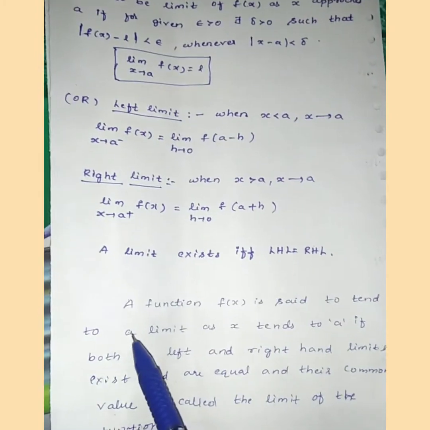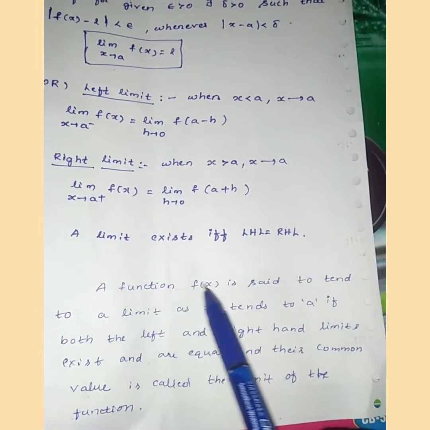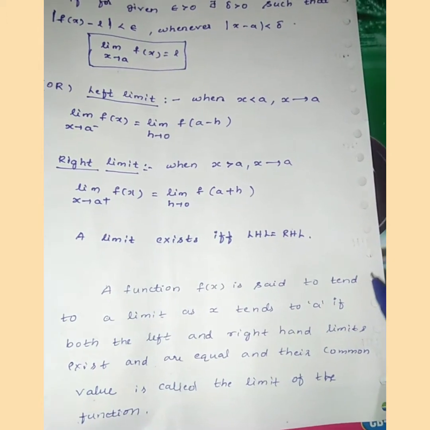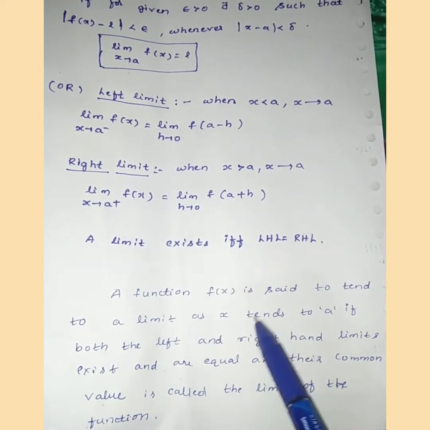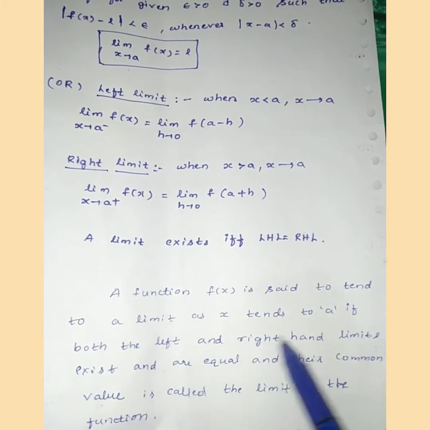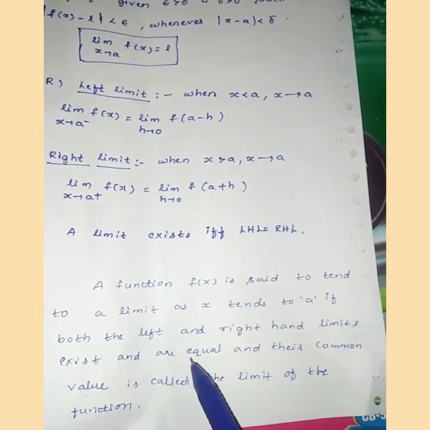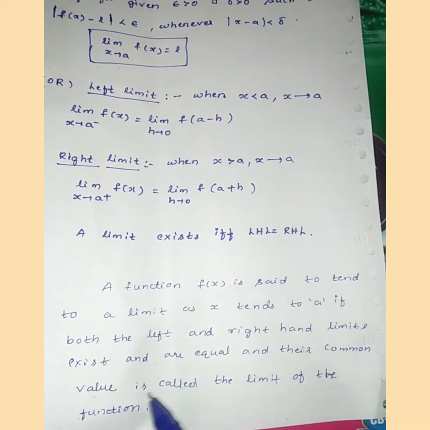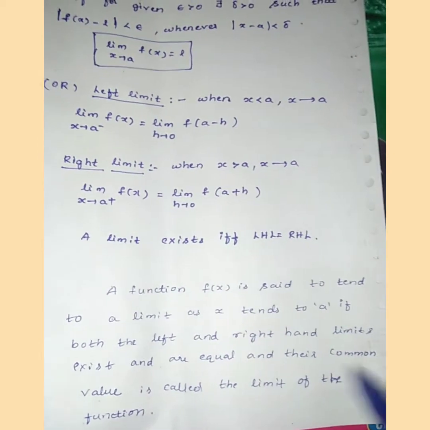The other definition for limit of a function: a function f of x is said to tend to a limit as x tends to a if both the left and right hand limits exist and are equal, and their common value is called the limit of the function.